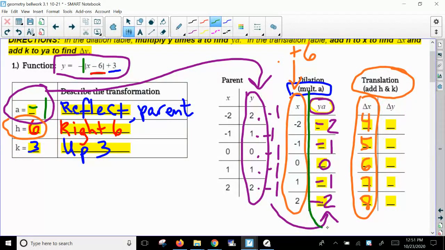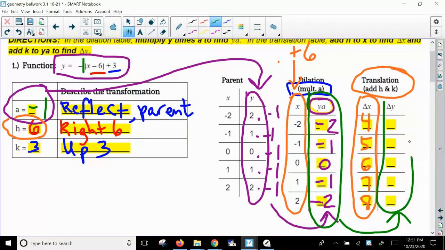We take this and we're adding k in order to get this. K is 3. So we're going to add 3 to the YA value in order to get delta Y.